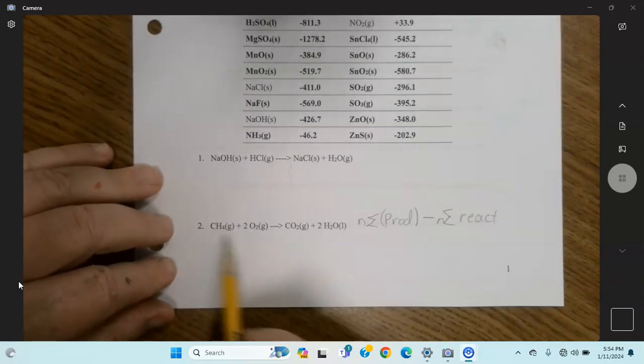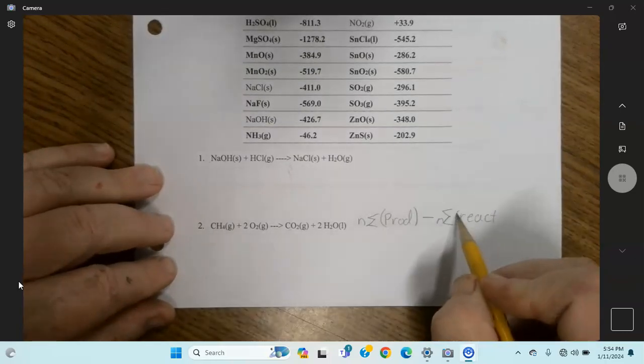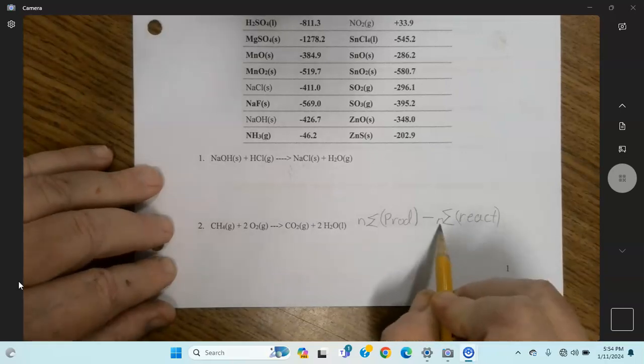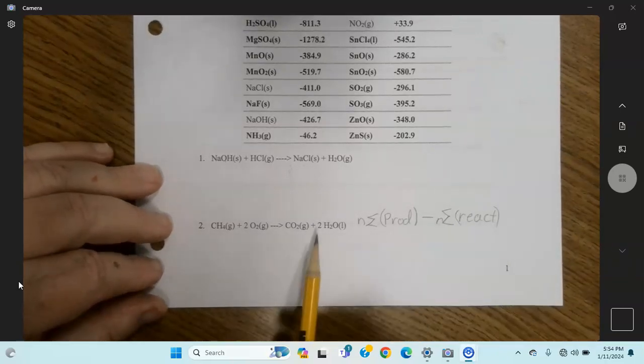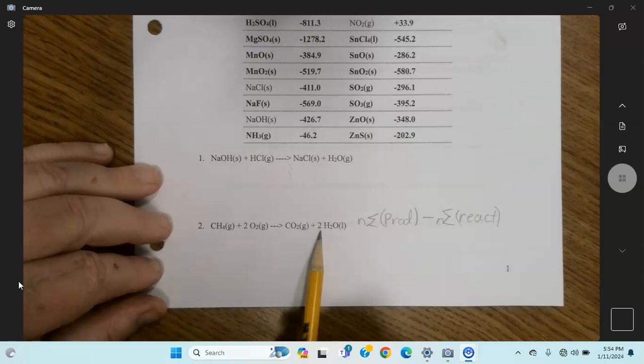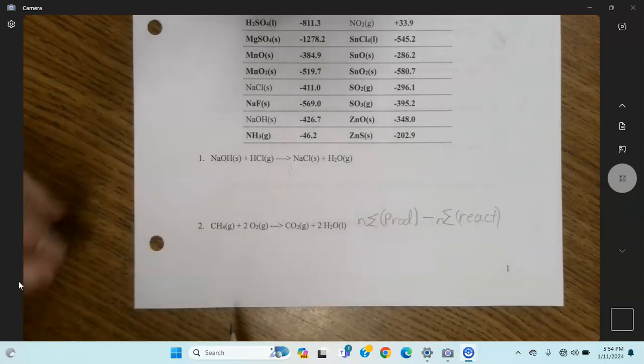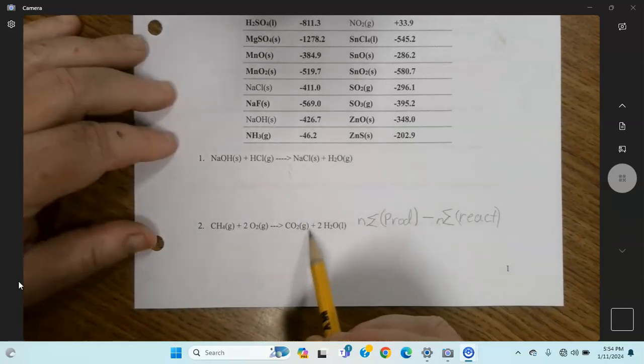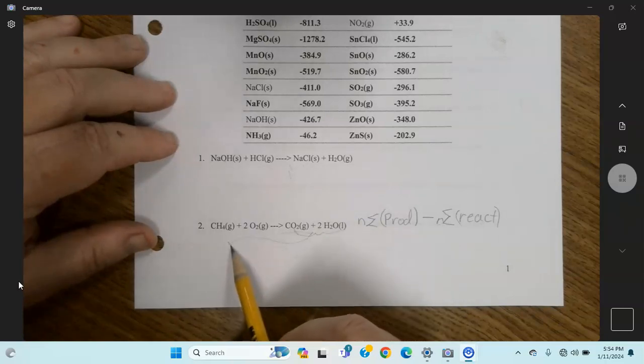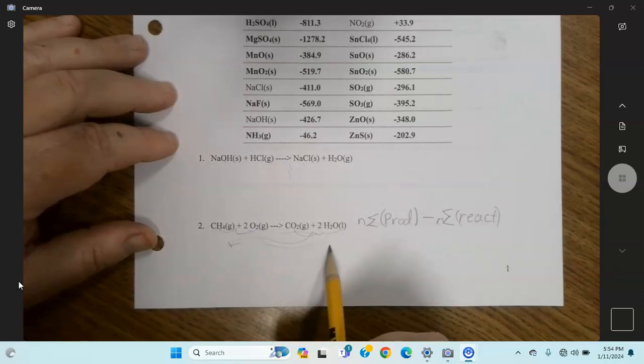Reactants are on the left, products are on the right. And this N simply means you multiply by the number of moles. So when we get the number for water, H2O, we're going to have to multiply that by 2. So again, you can easily get confused, so just remember that these go over on this side, and these go over on this side. They crisscross in effect. Okay, so let's get going.